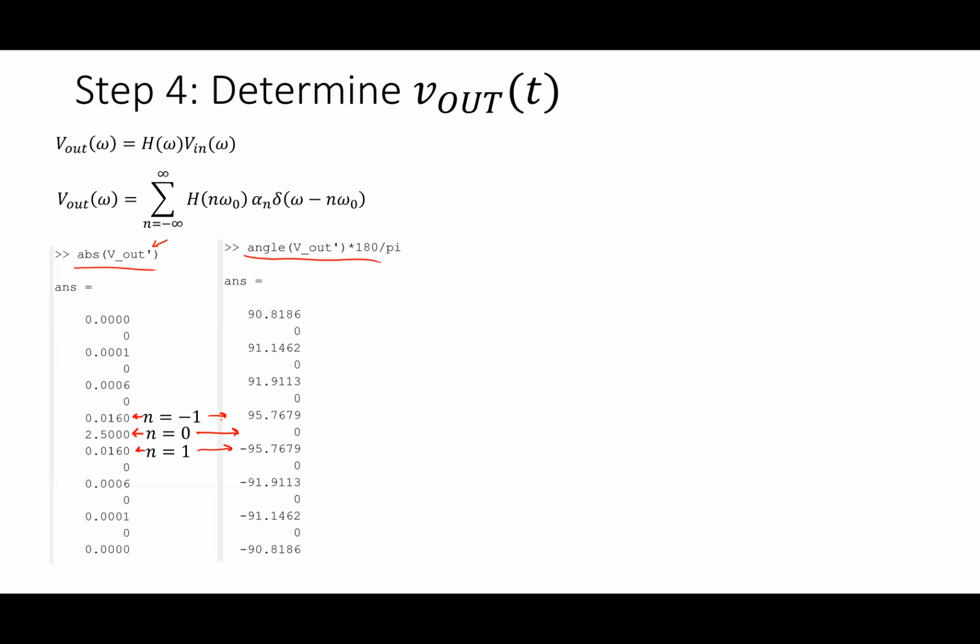So if I want to construct V out of t from this, how would I do that? Well, V out of t is a periodic waveform, so it has a Fourier series as well. It's written as a Fourier series. So I can say this goes like this.